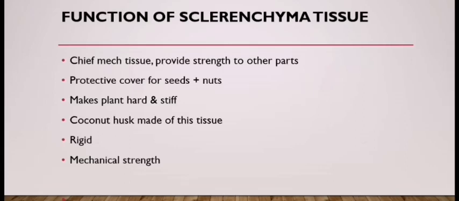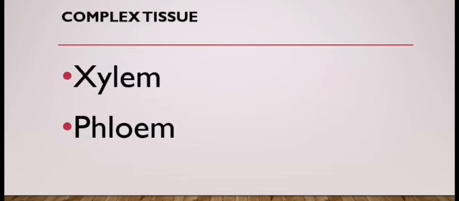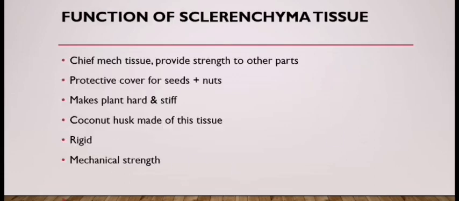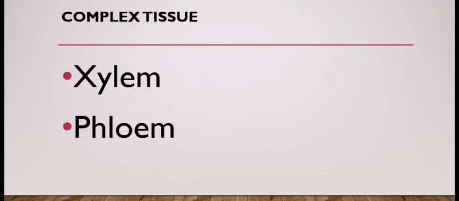For example, coconut husk is made of this tissue, so they are rigid and provide mechanical strength. So we have completed simple tissues, parenchyma, collenchyma, sclerenchyma, with the nature of cells, where they are located, their diagrams and their functions. Now we will start with complex tissues, that is xylem and phloem.